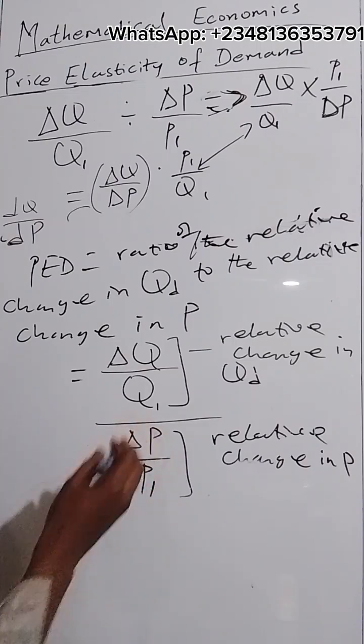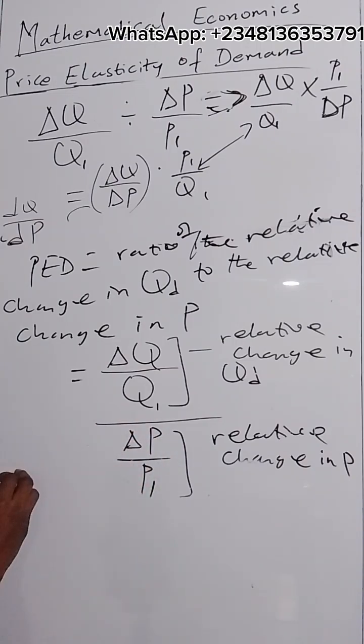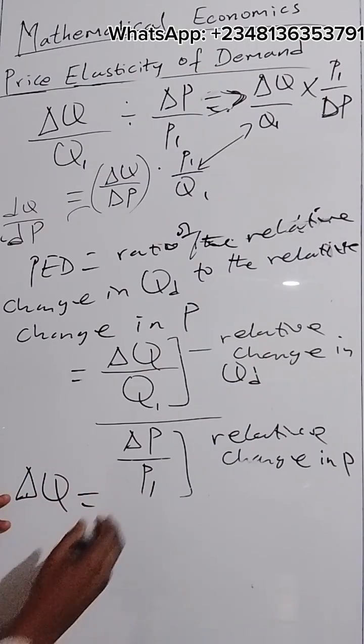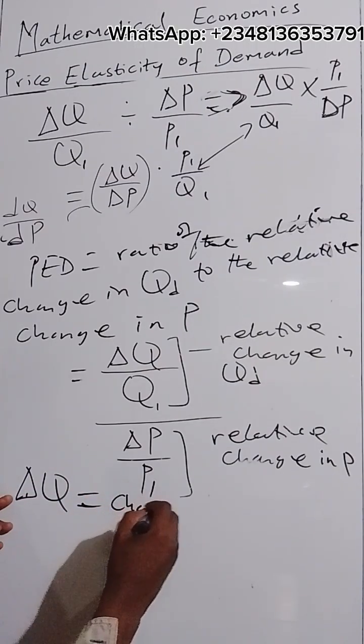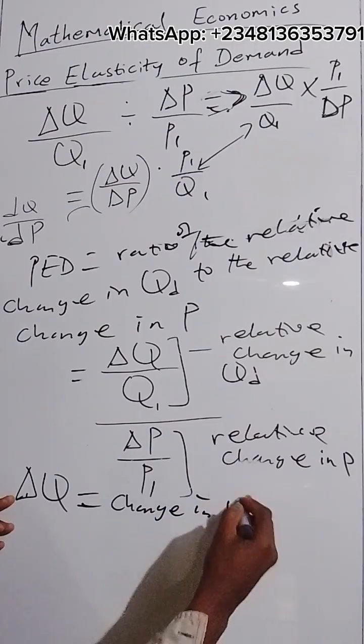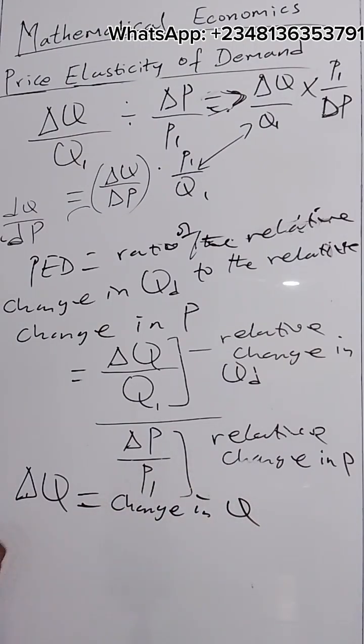Mind you, if I have just change in Q, this delta Q is referred to as just change in Q. But once I divide this change in Q by the initial Q, that is Q1, it becomes relative change in Q.